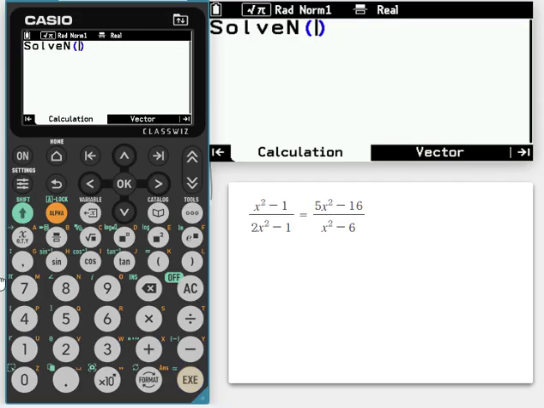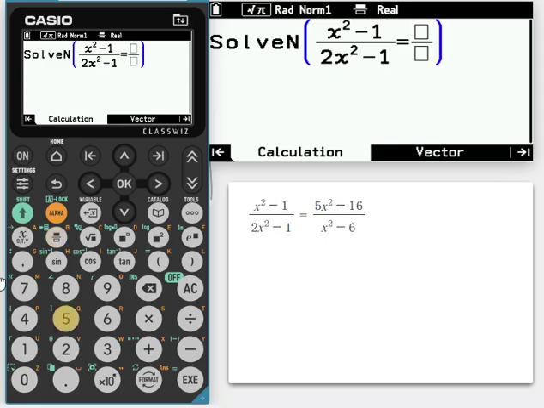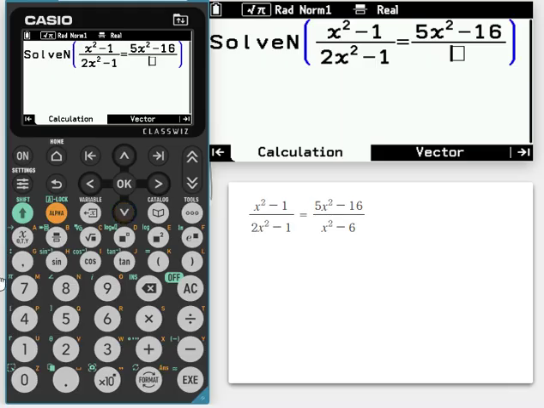You choose it, SolveN, and you enter the fractions. x squared minus 1 divided by 2x squared minus 1 equals another fraction, 5x squared minus 16, and the denominator is x squared minus 6.